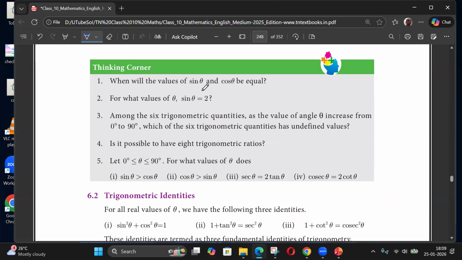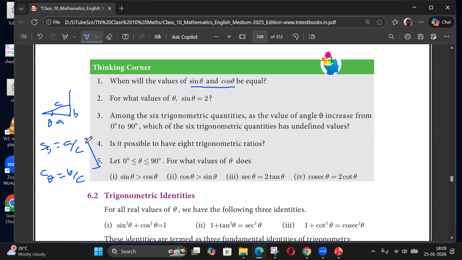When will the values of sine and cos be equal? So this is theta. Let me call the lengths A, B, C. So sine theta is A by C, and cos theta is B by C. When will these two be equal?